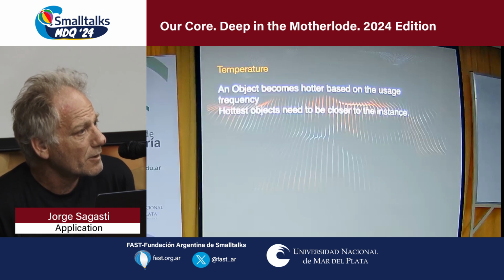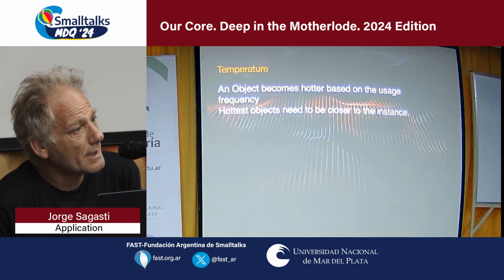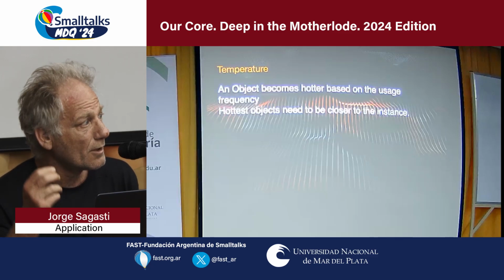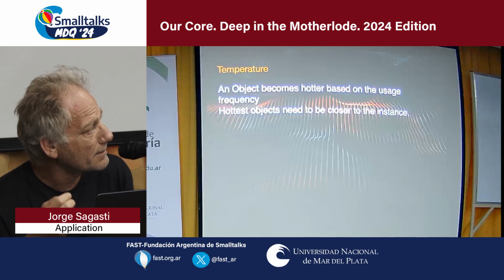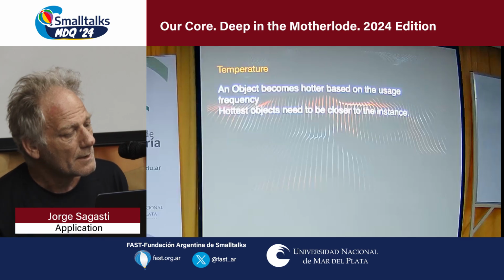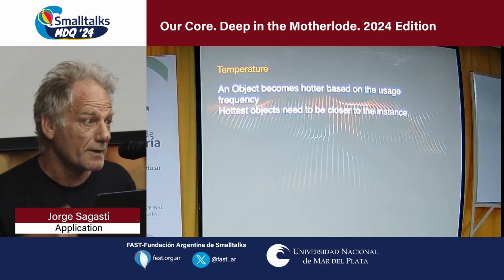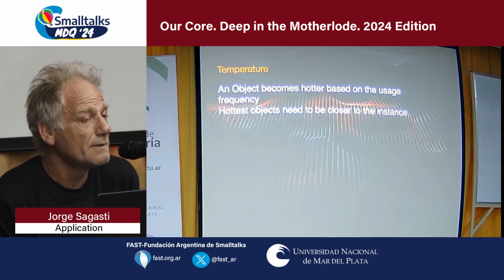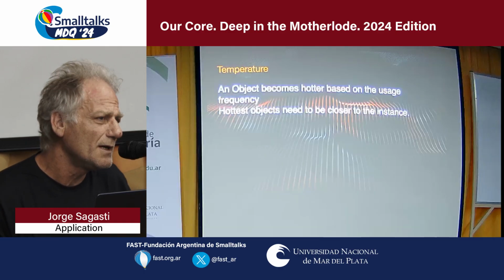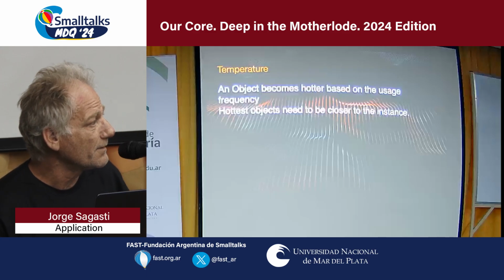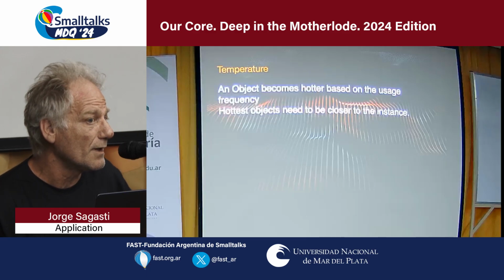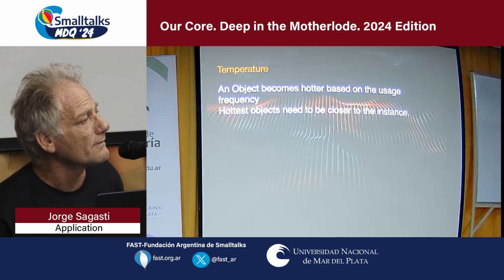It's quite important for us to determine how hot an object is and when we are going to need it. So the hottest objects need to be really, really close to the instance, and actually on each instance.